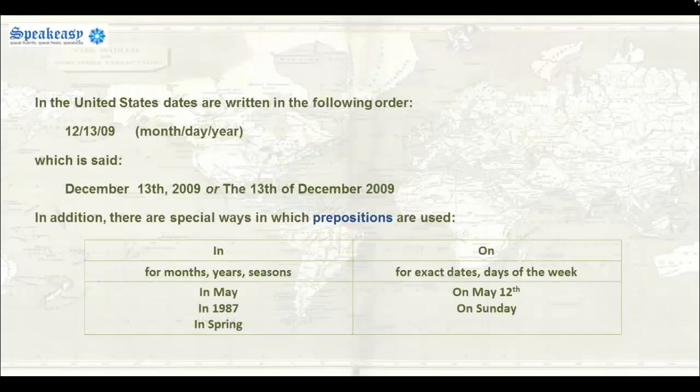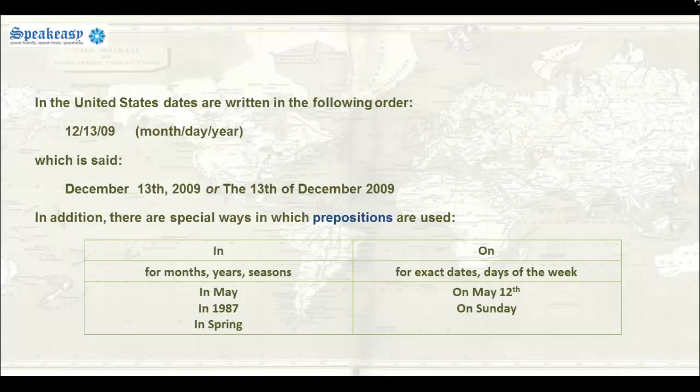In the United States, dates are written in the following order. So the month first, then the day, and then the year, which is said December 13th, 2009 or the 13th of December 2009.